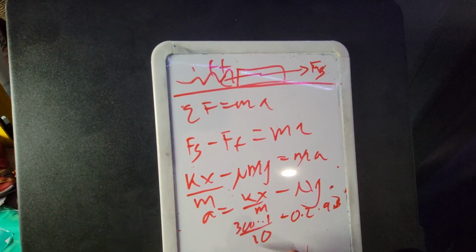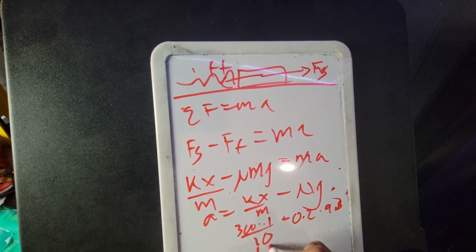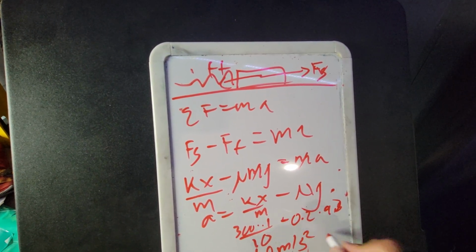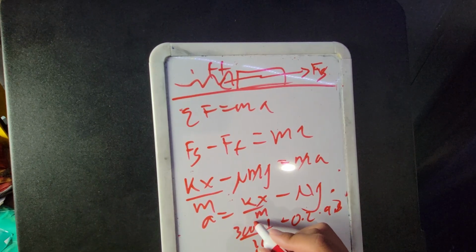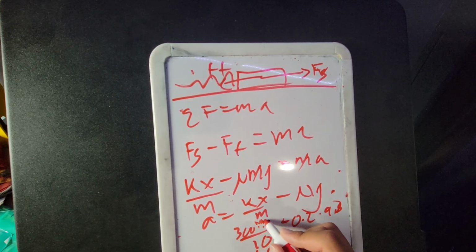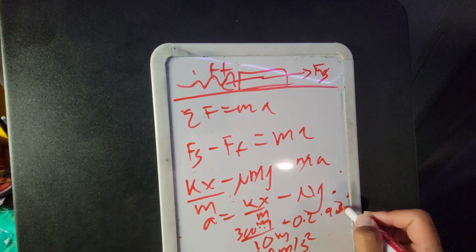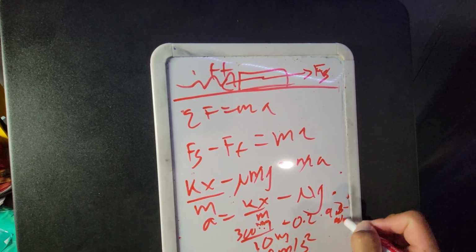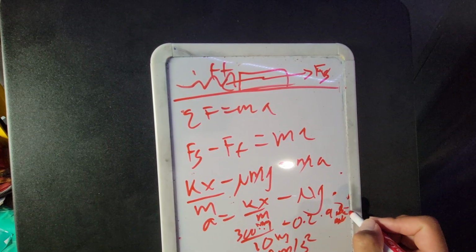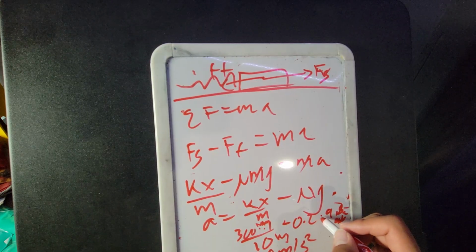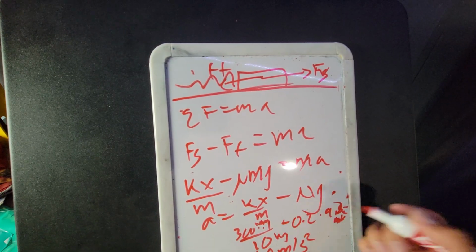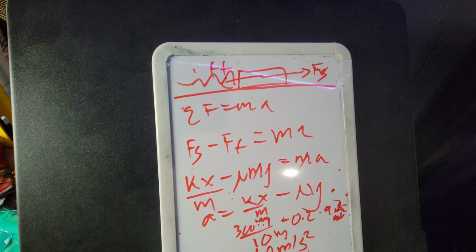And that should amount to 1 meter per second squared. Because this is newton-meters, this is kg, this is meters per second squared. Yep, all the units cancel. Yeah, meters per second squared. Boom. Alright.